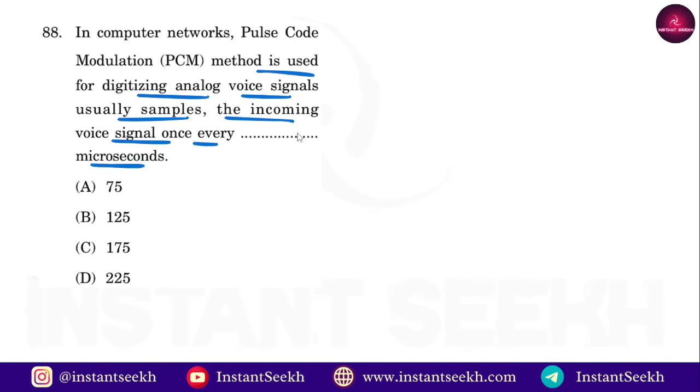So it is asking, in PCM, that is pulse code modulation, at what rate in microseconds is the incoming voice signal sampled? You should know the standard sampling interval. The sampling is done at 8 kilohertz.